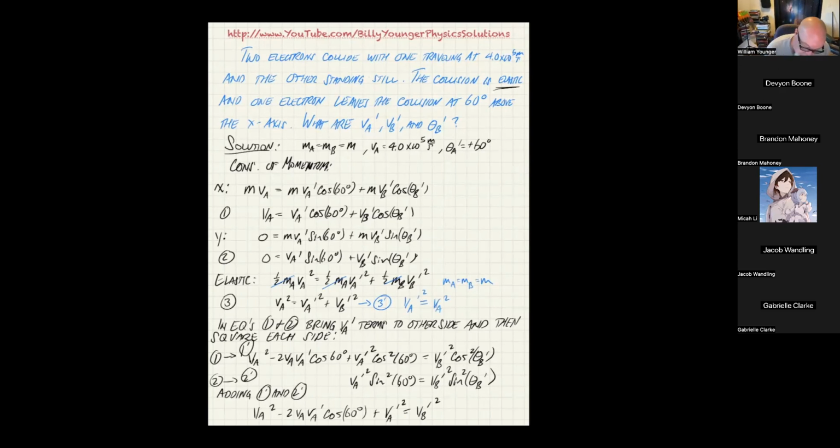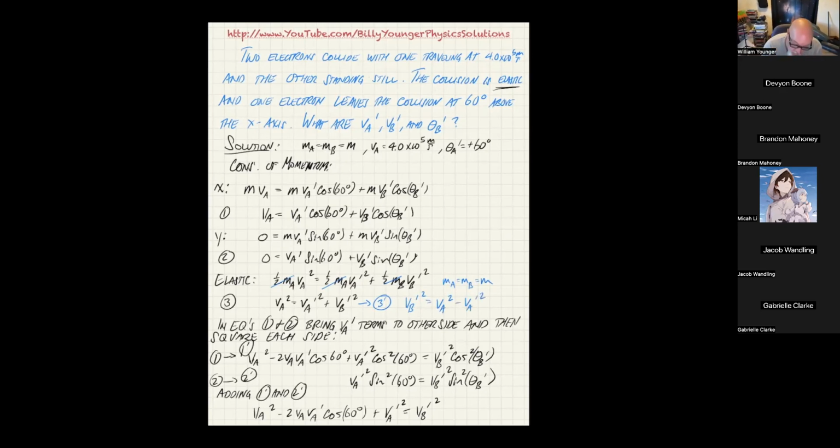No, I want to do VB. That's what I'll do. So let me back that up. Instead of solving for VA prime, I think I'm going to solve for VB prime. That'll work out a little better. So I'm going to do VB prime squared is equal to VA squared minus VA prime squared. That's going to be equation 3 prime.